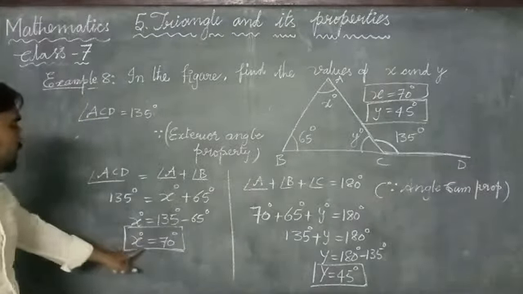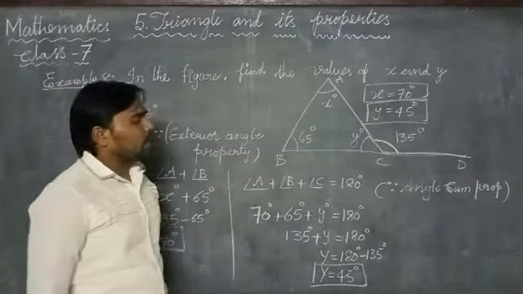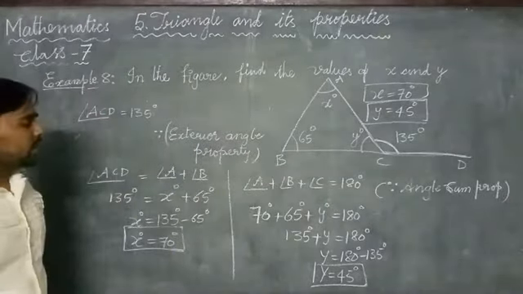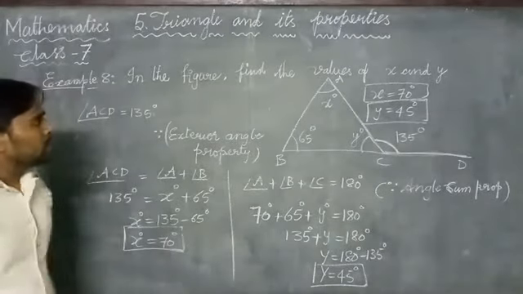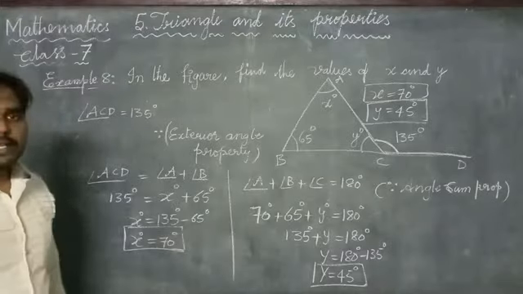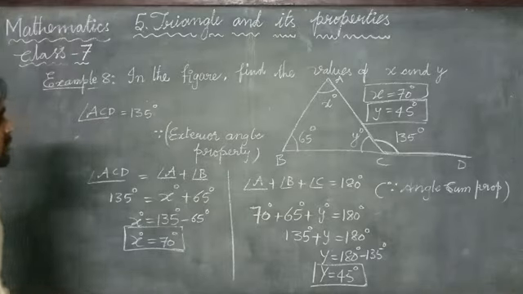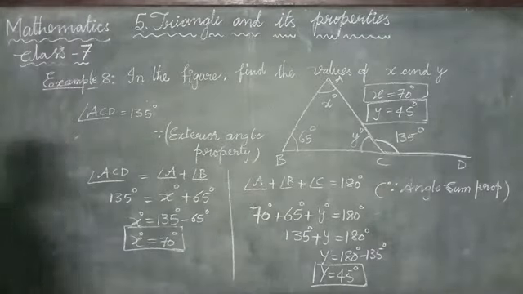From that we can find the x value. With the help of the angle sum property of a triangle, we can find the y value. This is the example based on exterior angle of a triangle. Now let us see the next problem, that is example 9.